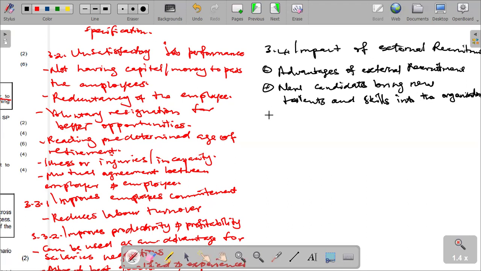We can also talk about how they provide a large pool to choose employees from.